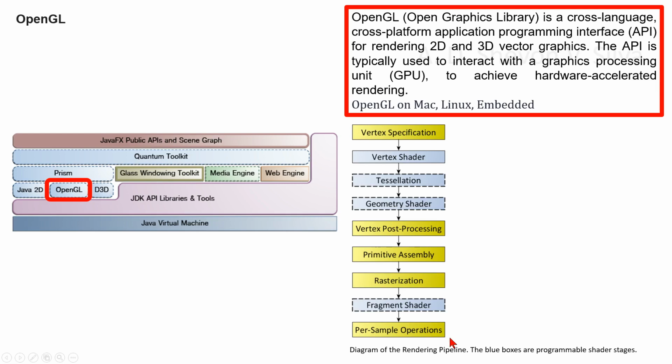Per-sample operations. A fragment's data output from the fragment processor is then passed through a sequence of steps. The first step is a sequence of culling tests. If the test is active and the fragment fails the test, the underlying pixel samples are not updated, usually. Many of these tests are only active if the user activates them.